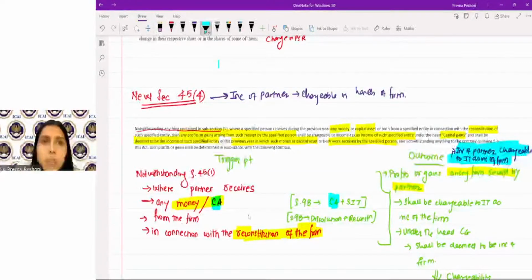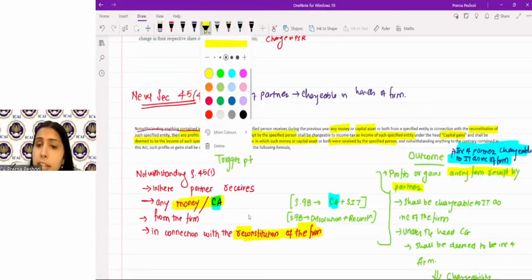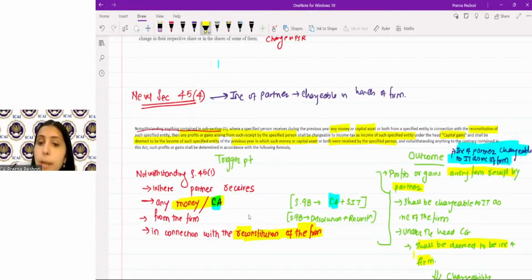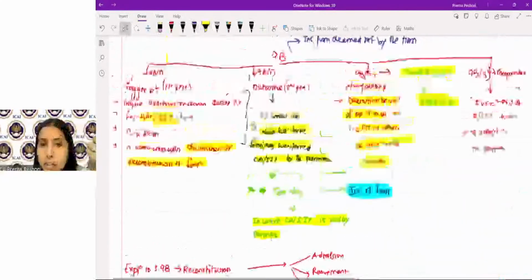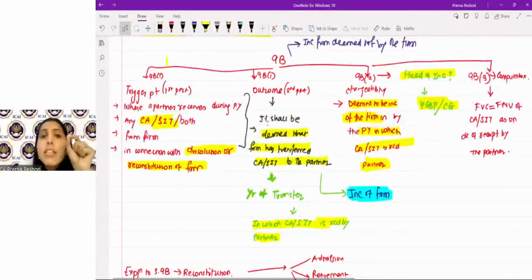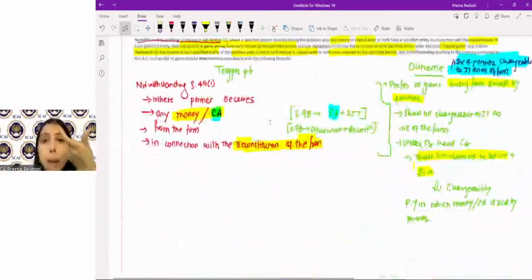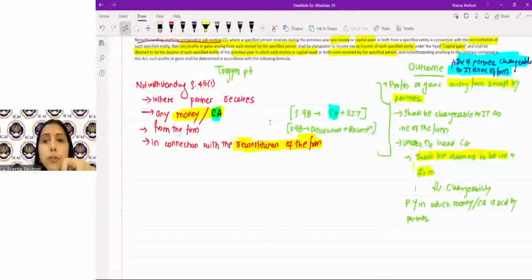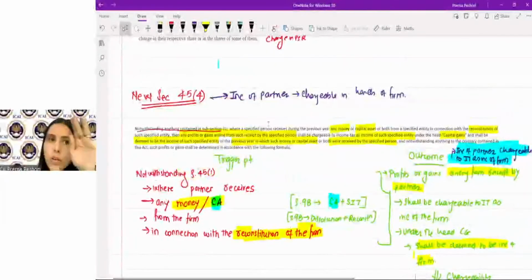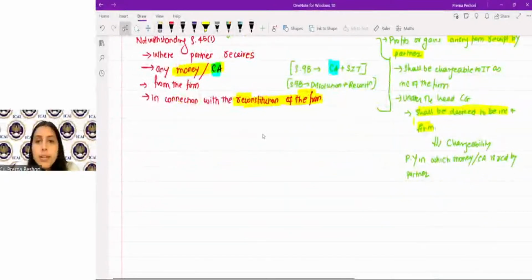In 9B, they nowhere say it will be deemed to be the income of the firm, because that income is of the firm only. They say it shall be deemed that the firm has transferred the capital asset or stock in trade to the partner, and therefore it is the income of the firm in the previous year in which it is received by the partner. Here, the income of the partner arising from the receipt is deemed to be the income of the firm of the previous year in which money or capital asset is received by the partner. Are we clear? Did you understand this? Perfectly clear?